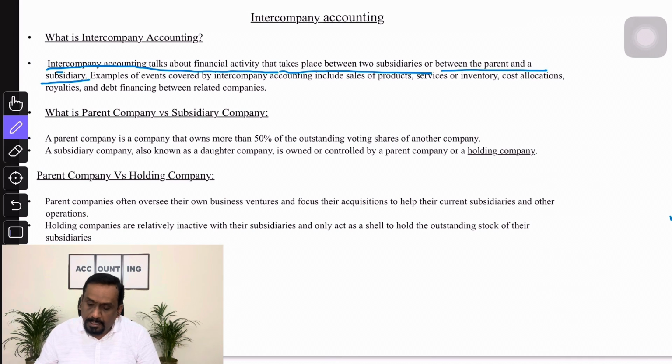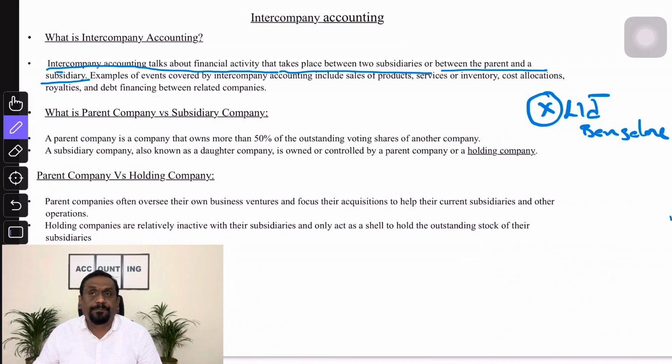Okay, let us say I started a company called X Limited, a manufacturing unit in Bangalore. Now, I wanted to sell my products on my own in different states.